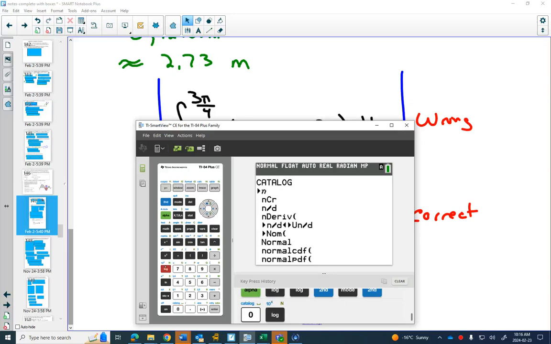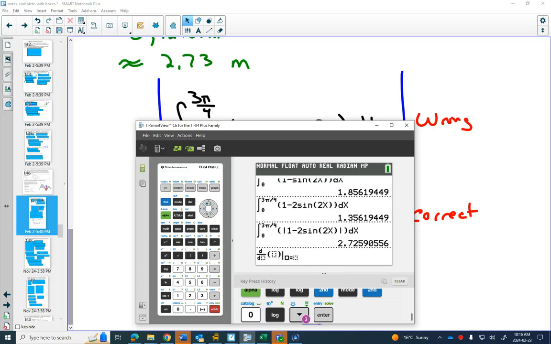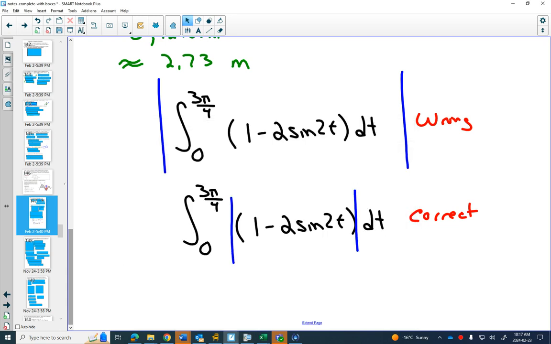But if I just hit n, it takes me to the n's. Oh, there's nDeriv right there. And I can push enter, and it enters it in for me, and it's ready to go. So if you forget where certain things are on your calculator, that catalog can be really, really helpful.